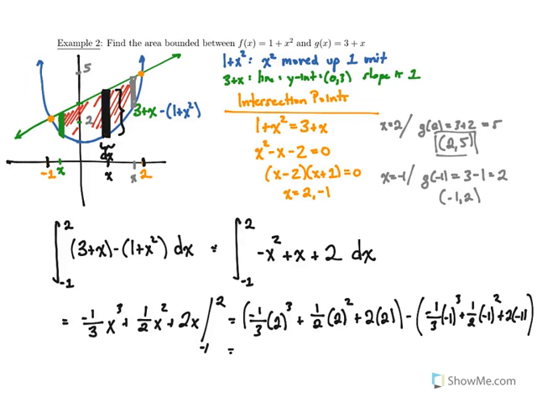And simplifying, this is going to give us negative 8/3 plus 2 plus 4, minus 1/3 plus 1/2 minus 2, which would simplify down to 9/2 units squared.